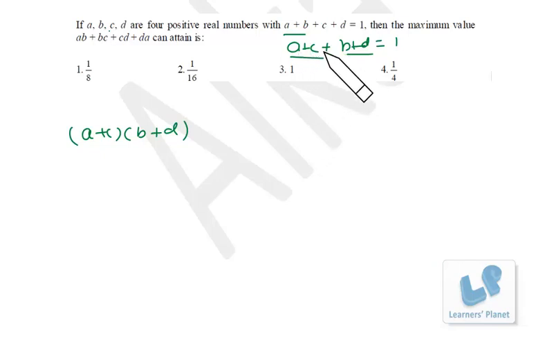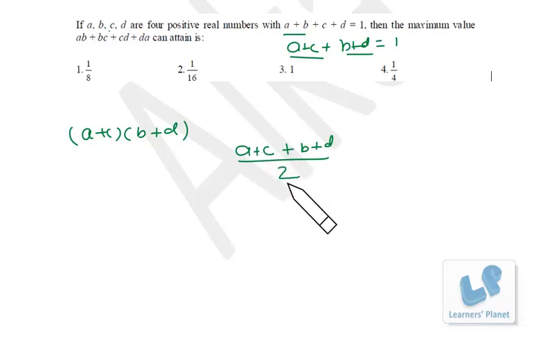So arithmetic mean of A plus C and B plus D, what that will be? A plus C plus B plus D by 2, right? This is just one term plus one term, so 2 terms. So this will be the arithmetic mean of A plus C and B plus D.